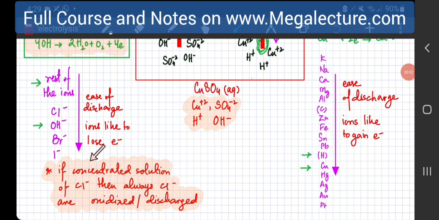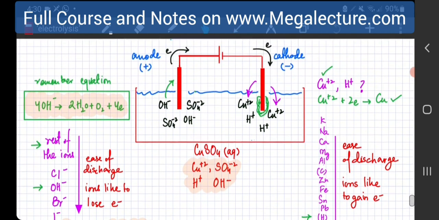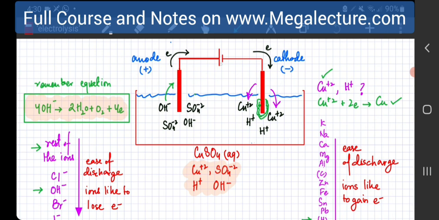If there's a concentrated solution of Cl ions, a solution that contains Cl ions, and they have specifically stated that the solution is concentrated, then it's always Cl minus 1 which is oxidized or discharged or loses electrons. So forget this ease of discharge series. Remember, for Cl minus 1, you got an exception. If you got Cl ions and the solution is concentrated, then always select Cl minus 1, because that's the one that's going to lose electrons at the anode.